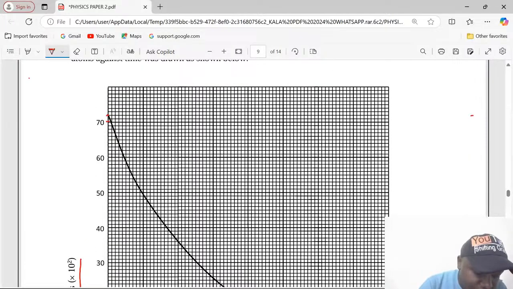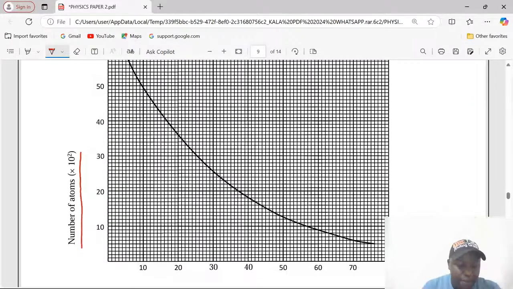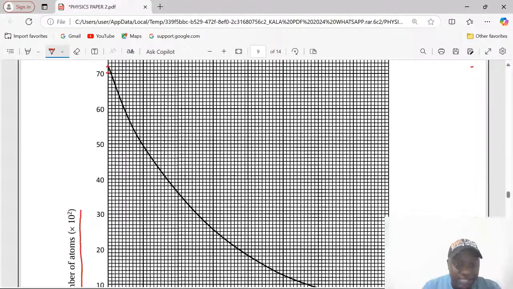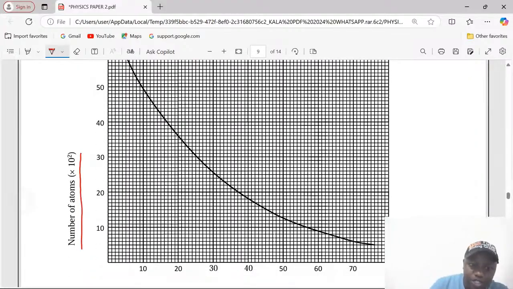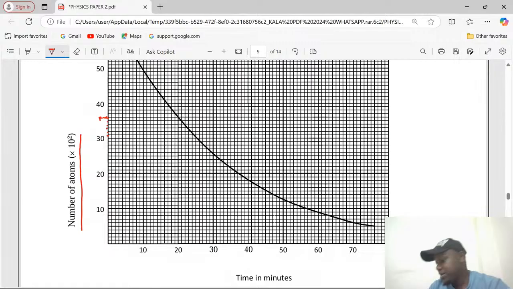So we just want to know the time it took for the number of particles to become 36 times 10 power 2. So this is 30, 31, 32, 33, 34, 35, 36. Yeah, 36 is there. So we move along that until we see where the graph is so that we may know the time.